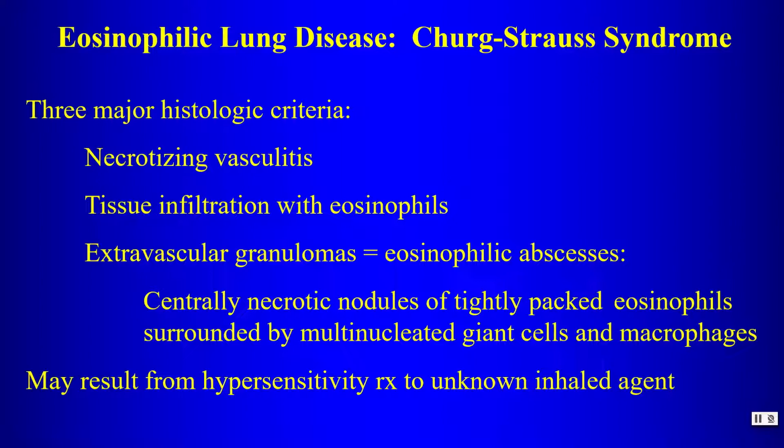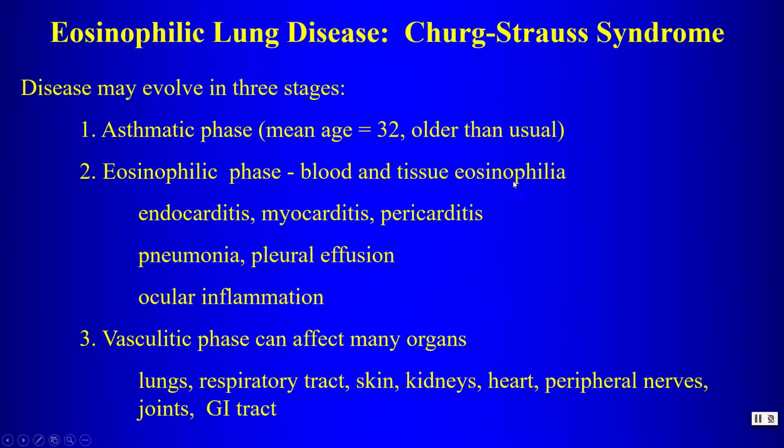So this may result from a hypersensitivity reaction to some unknown inhaled antigen. And so the disease may evolve in 3 stages. There's an asthmatic phase, there's an eosinophilic phase where we have blood and tissue eosinophilia, and then this can affect the heart, can affect the lungs, and then the vasculitic phase, which can affect many organs as I've listed them here.